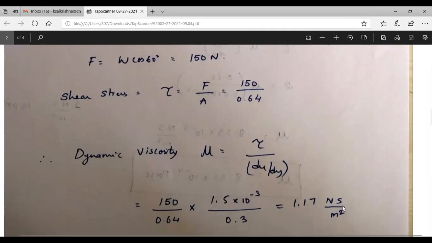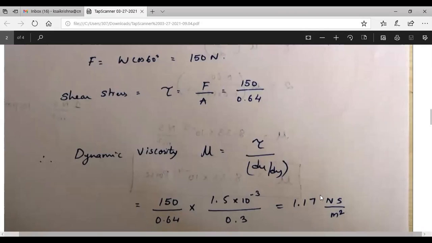Okay, I want this now in poise. So what will be the value in poise here? We have to convert this Newton second per meter square into poise. So 1 Newton second per meter square equals how many poise? Remember, you are telling it wrongly. 1 poise equals 1 by 10 of Newton second per meter square.